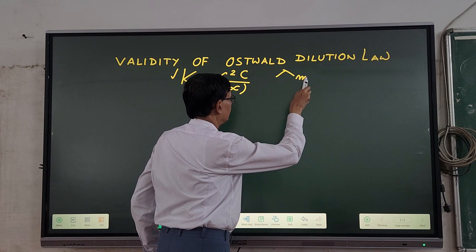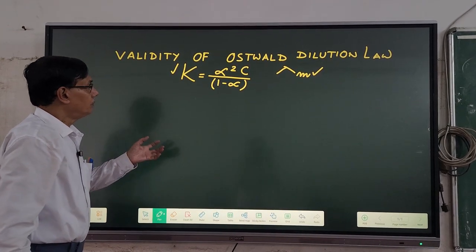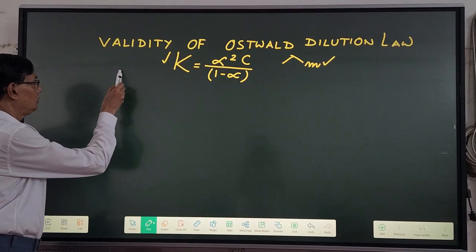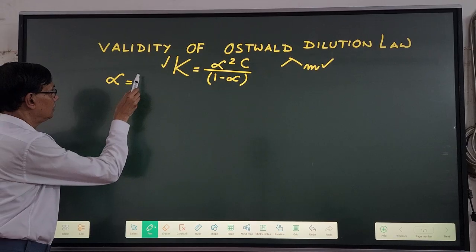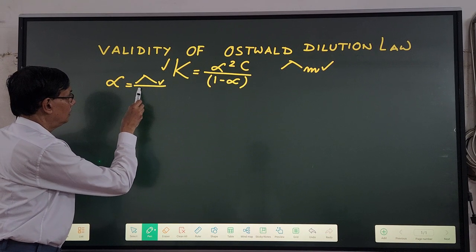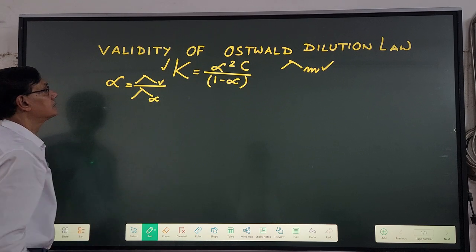But you can also prove the Ostwald dilution law using a very simple formula, because we know that alpha is equal to equivalent conductance at a particular dilution divided by equivalent conductance at infinite dilution.